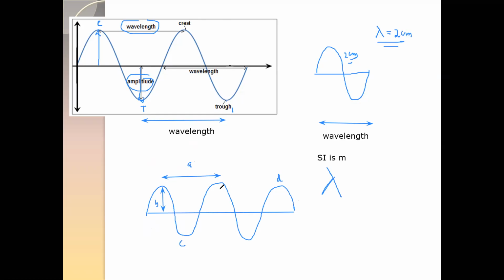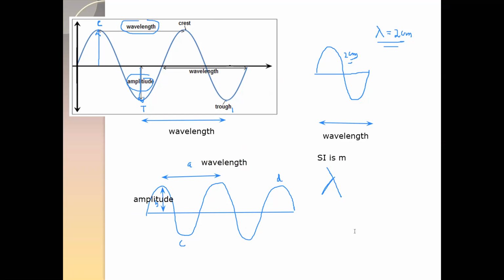What does letter A represent? A is a wavelength. What does letter B stand for? The distance from the center to the maximum position, we call that amplitude.